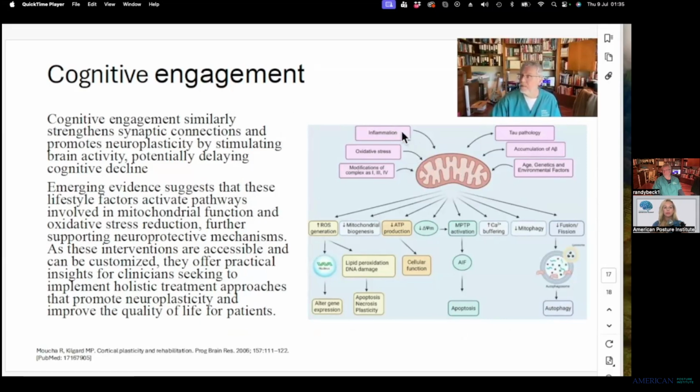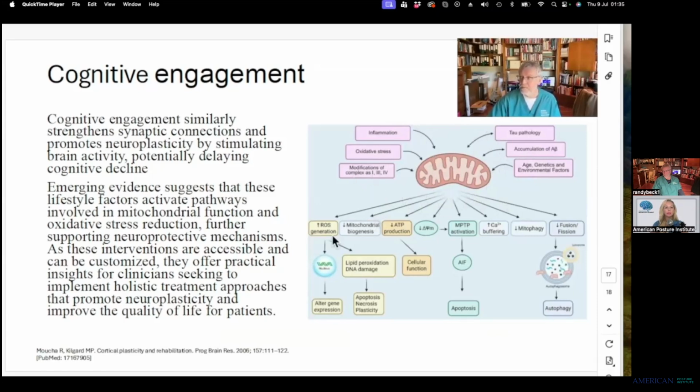So we have things like inflammation, tau pathology, oxidative stress, accumulation of these amyloids, modifications of complexes 1, 3, and 4, age, genetics, and environmental factors all can contribute to this mitochondrial decline.